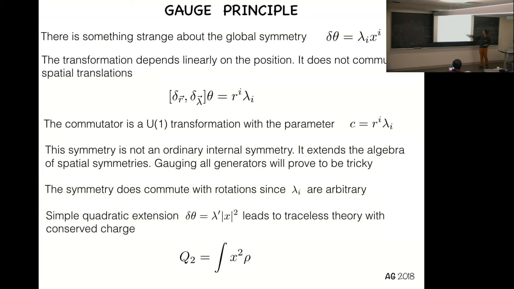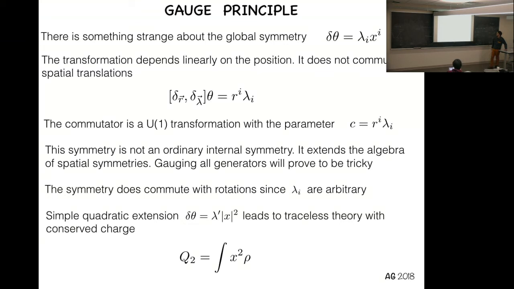I cannot decouple these transformations from the spacetime symmetry groups. They have nontrivial commutation relations. Which means gauging everything is really bizarre because you end up with very, very exotic types of gravity. Because if you want to gauge everything, you have to gauge translations and rotations as well.